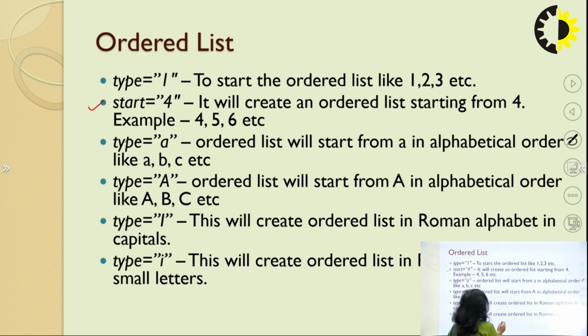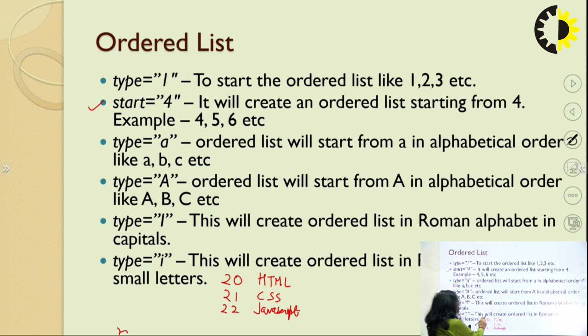Suppose a list starts like 20 HTML, 21 CSS, 22 JavaScript. This is the example. Our list starts from this specific number 20.